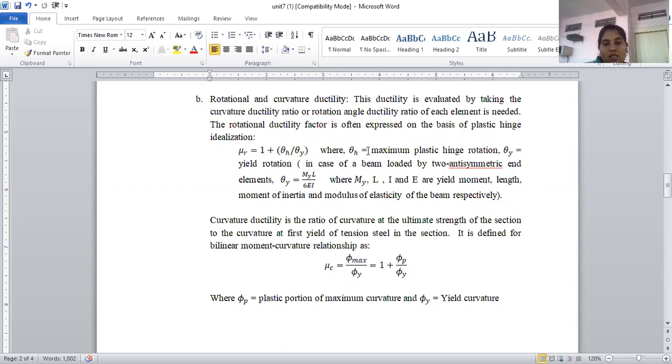Where theta h is the maximum plastic hinge rotation, and theta y is the yield rotation, in case of a beam loaded by two antisymmetric end elements.